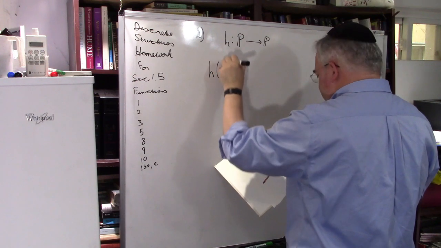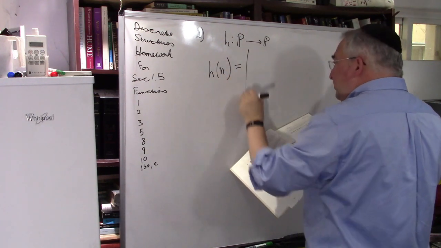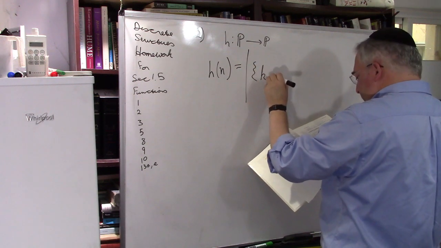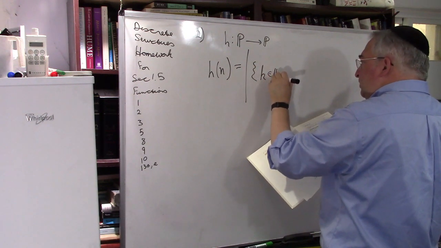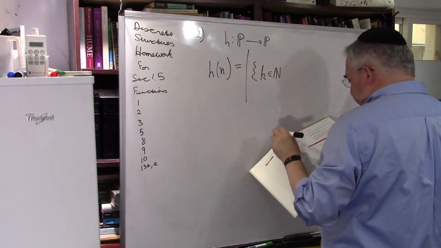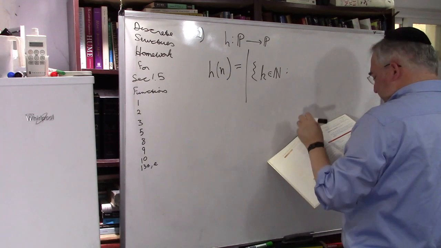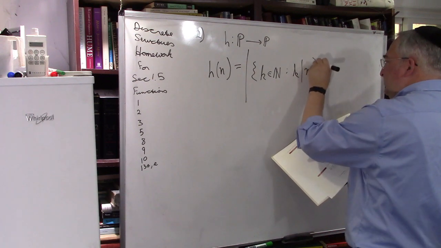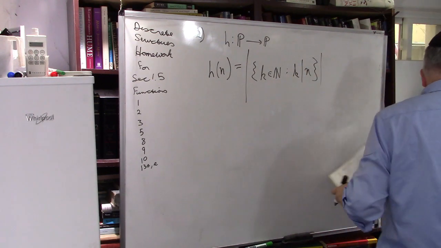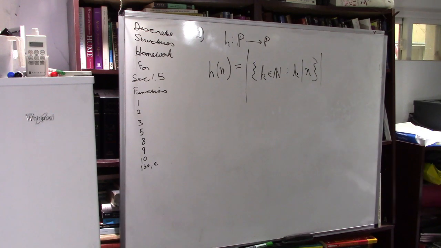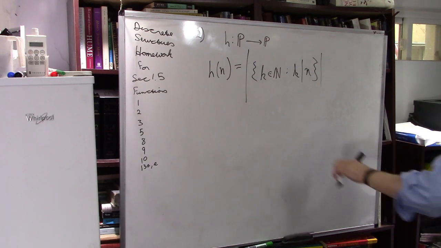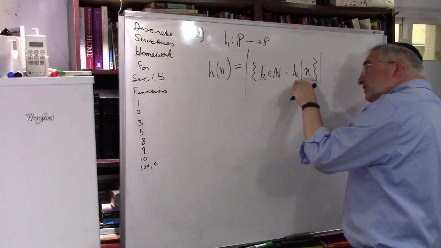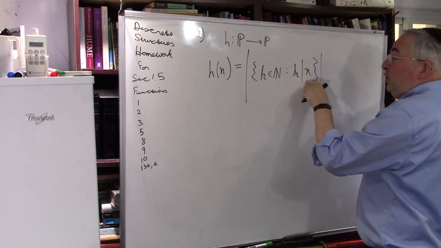H of n is equal to the number of elements in the following set: k, a member of n, such that k divides evenly into n. Okay? So it's the amount of numbers that go into n.